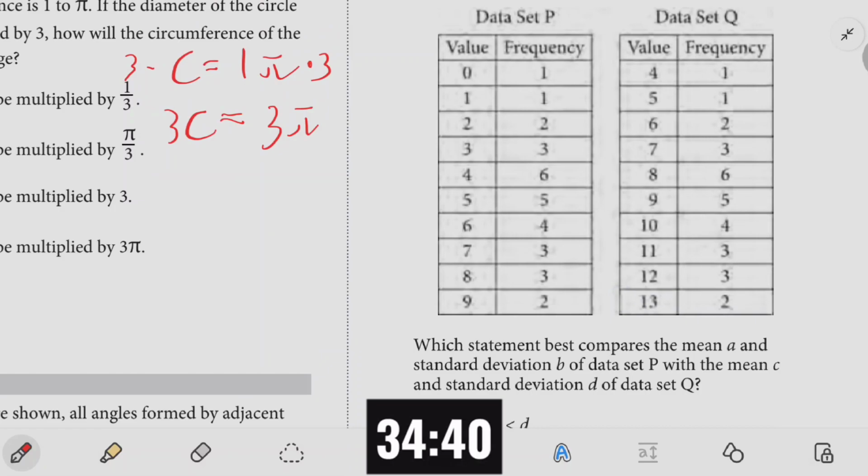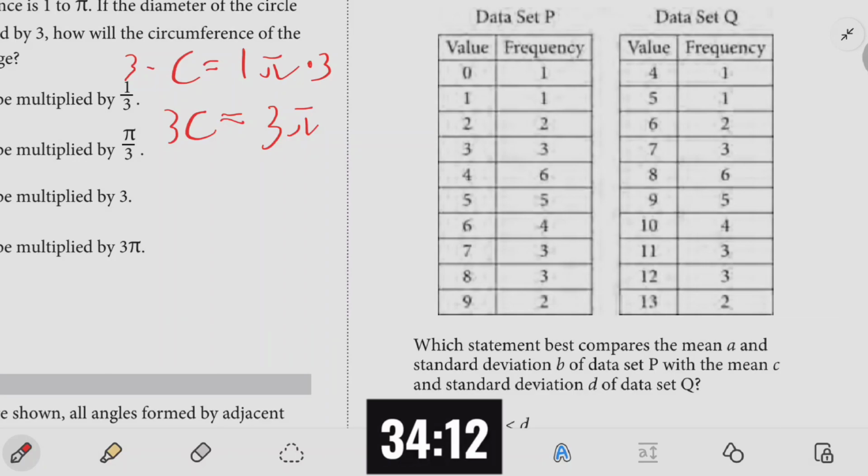0 plus 1 plus 2 plus 2 plus 3 plus 3 plus 3 plus 6. Oh my god. Plus 4 plus 4 plus 4 plus 4 plus 4 plus 4. Plus 5 plus 5 plus 5 plus 5 plus 5 plus 6 plus 6 plus 6 plus 6. 7 plus 7 plus 7 plus 8 plus 8 plus 8 plus 9 plus 9.